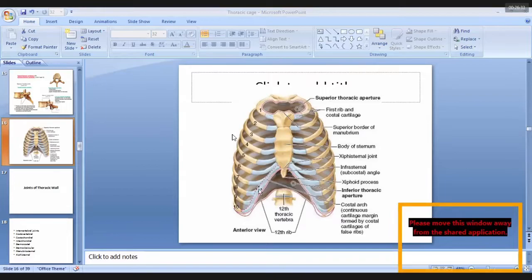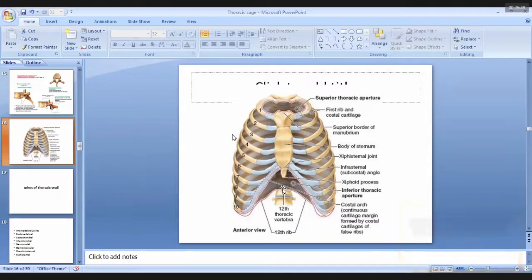So these are the boundaries of the thoracic outlet or inferior thoracic aperture. This aperture is closed by the diaphragm, which contains numerous openings for structures to pass from the thoracic to the abdominal cavity or from the abdomen to the thoracic cavity, respectively.